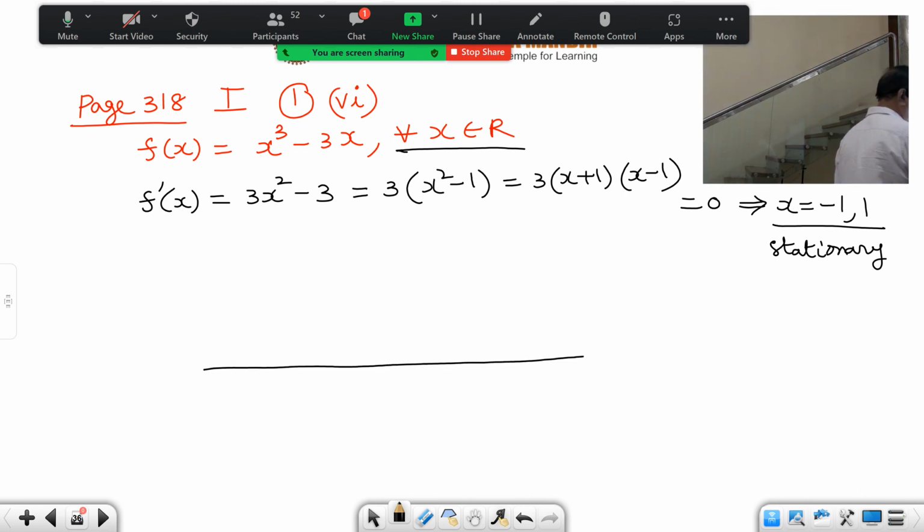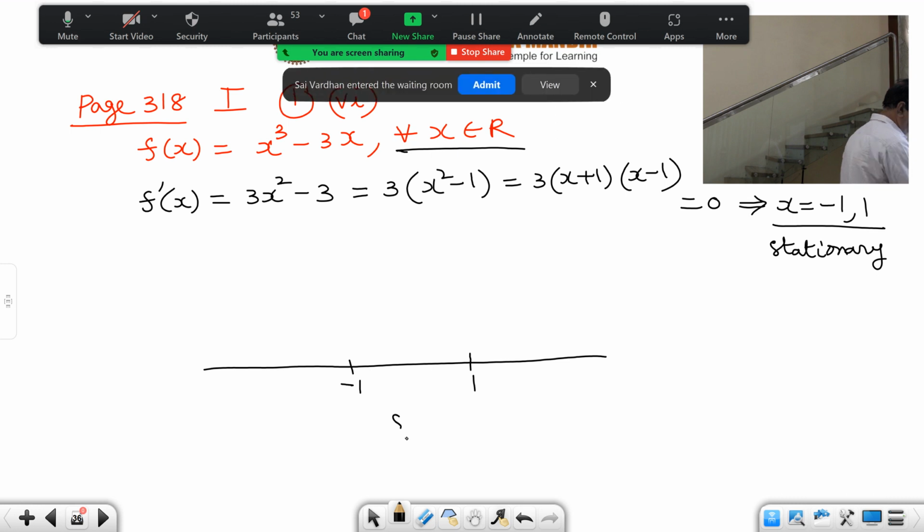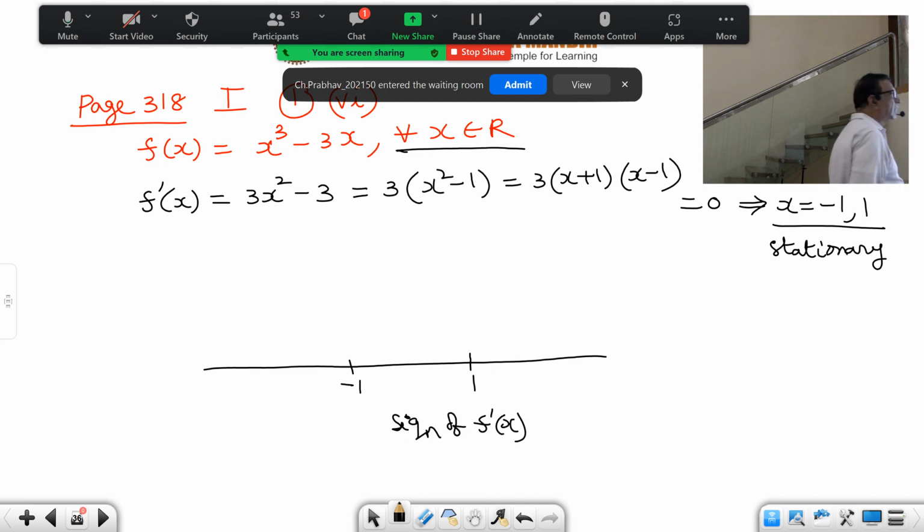So here I am drawing a line. The first derivative is 0 at 2 points, x is equal to minus 1 and plus 1. These 2 points I have to mark on the number line here. This is the sign diagram of f dash x, not f x.